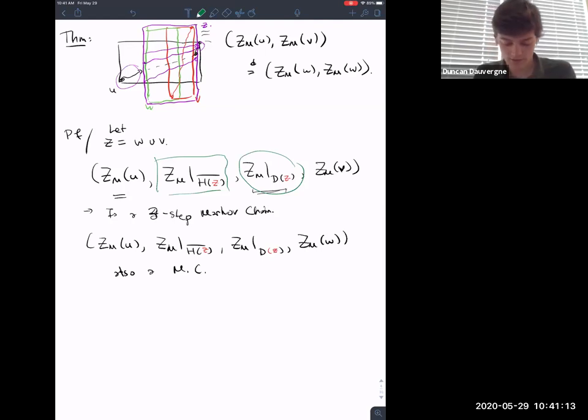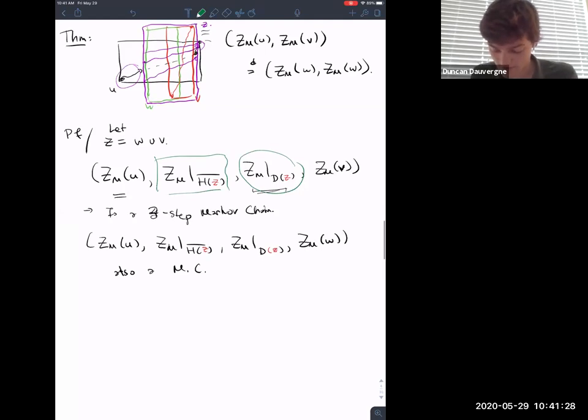Okay, so if we fix Zm of h bar of Z, then Zm of u is determined entirely by Zm of h bar of Z plus some entirely independent information. So in particular, it's going to be conditionally independent of Zm restricted to d of Z and Zm restricted to v. On the other hand, Zm of h bar of Z and Zm of v are conditionally independent given Zm restricted to d of Z by this decoupling property of the model. Does that make sense?